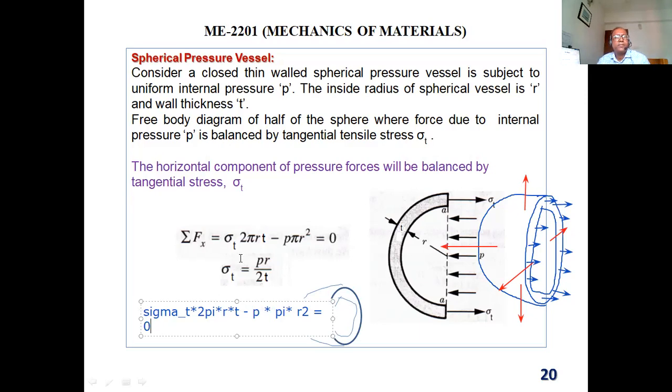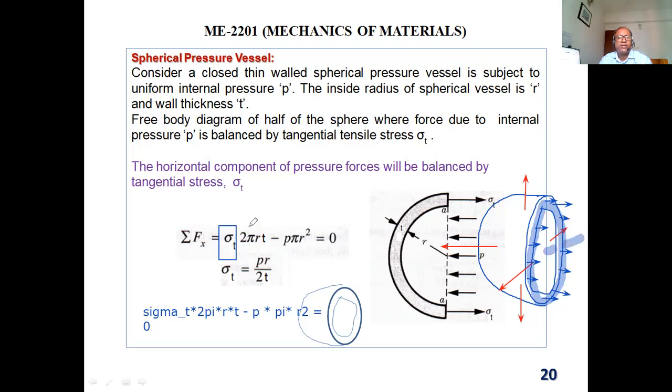You will see sigma t. What will the area of this stripe be? That means if I take this line, this area, I'd like the thickness area. So the peripheral length is 2 pi r, and this thickness from here to here is t.